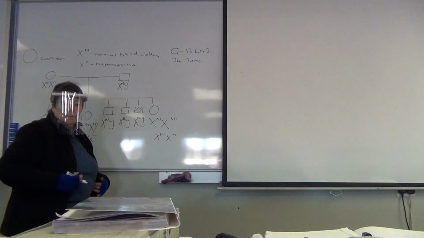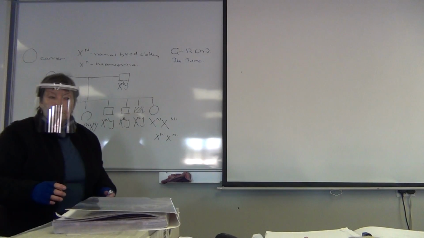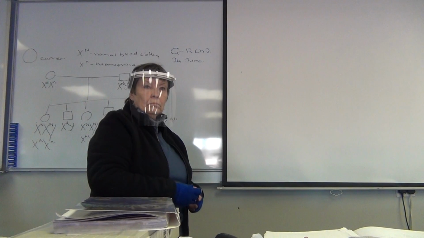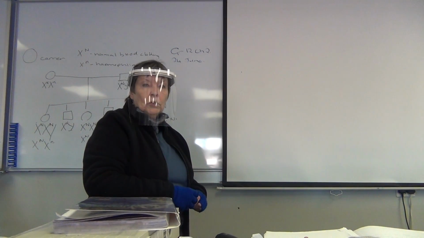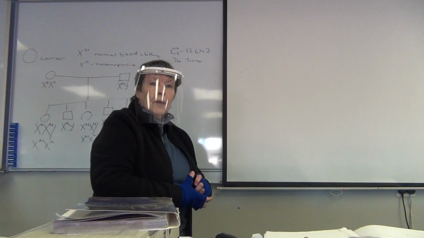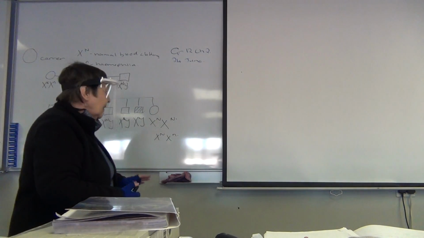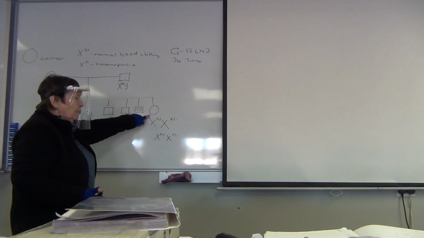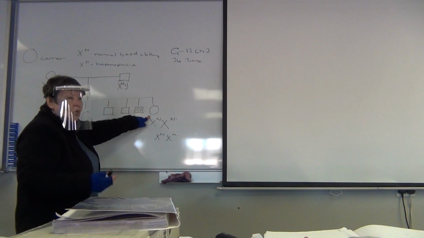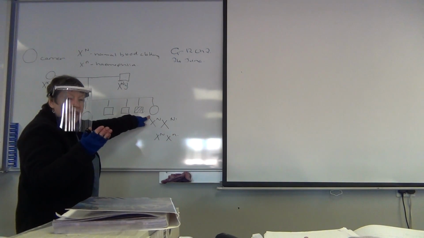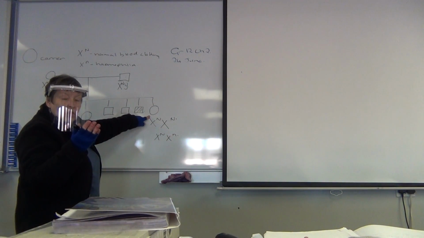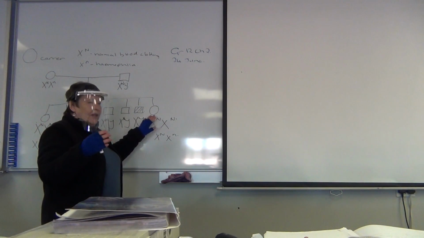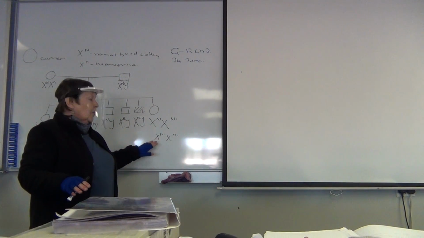Does that make sense? Would they give you a follow-up question and say one of the daughters was interbred with this son, and then say determine whether they are X big N, X big N or X big N, X little n? They could. So one of these girls would have been Tsarina Alexandra, who married the Russian Tsar, and they had the son that was a hemophiliac.